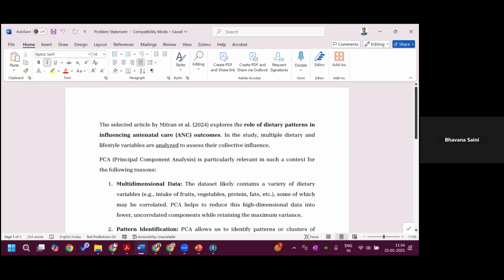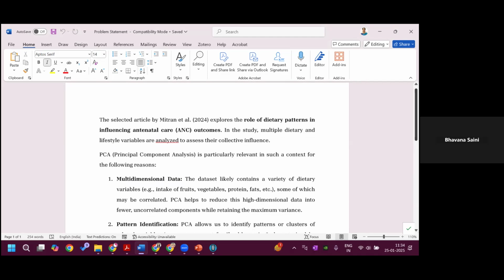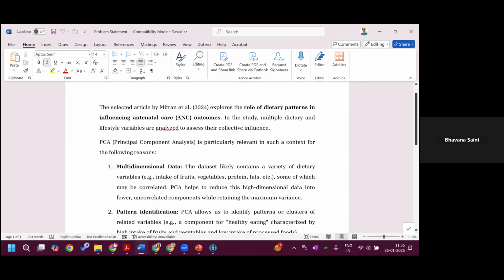Okay. So the selected article by Mitran et al. 2024 explores the role of dietary patterns in influencing antenatal care outcomes. In the study, multiple dietary and lifestyle variables are analyzed to assess their collective influence. PCA is particularly relevant in such a context for the following reasons.